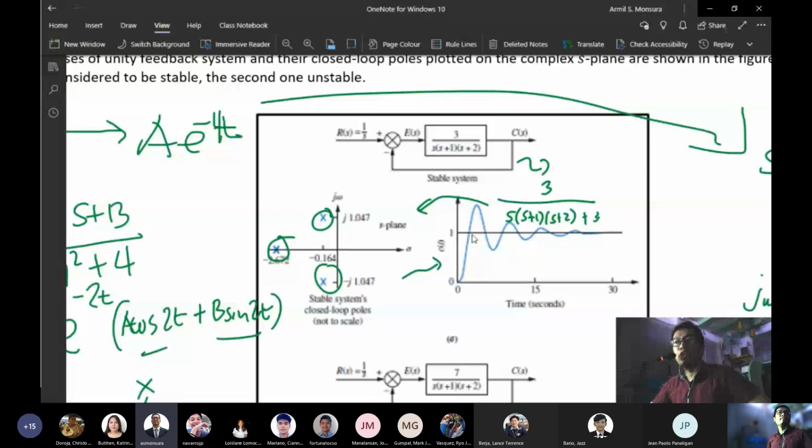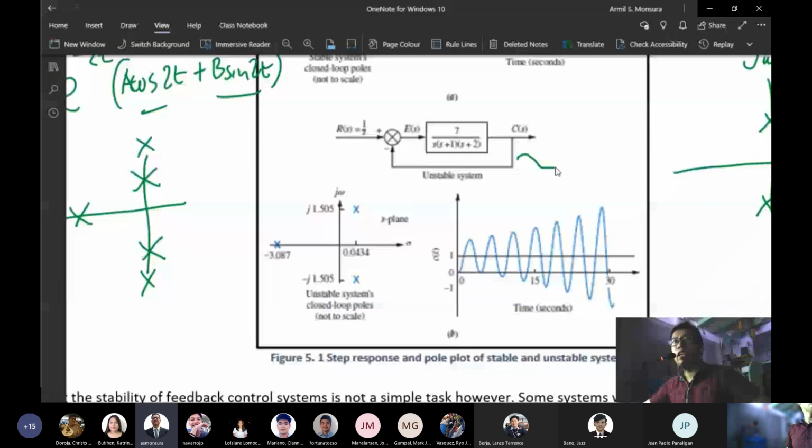Otherwise, again, let's reduce this to its closed loop form. So this becomes 7 all over s times s plus 1 times s plus 2 plus 7.